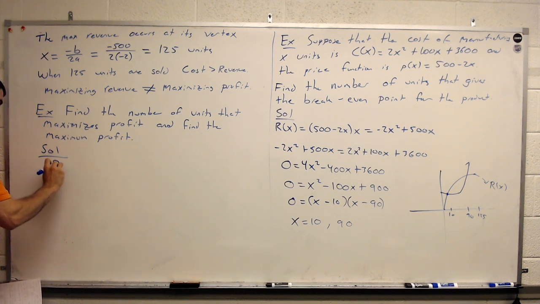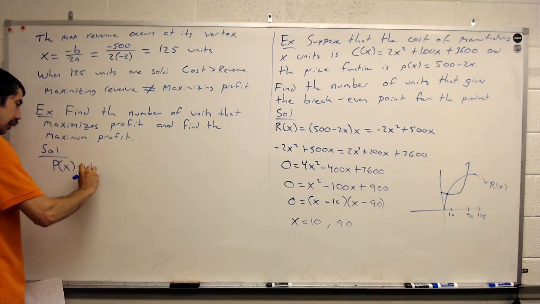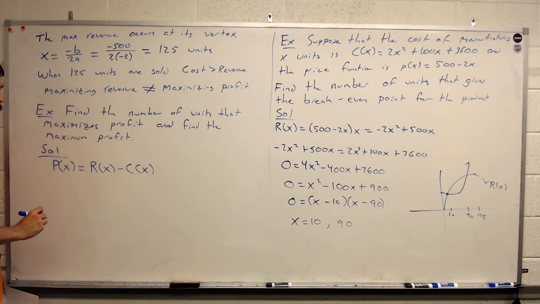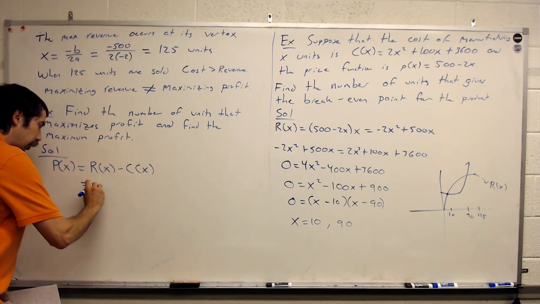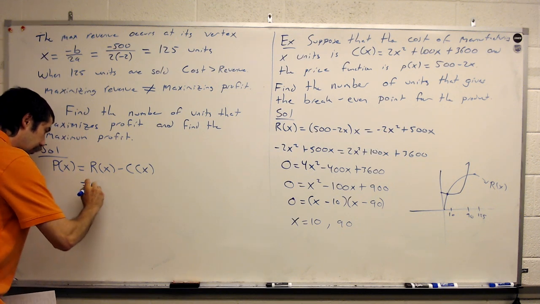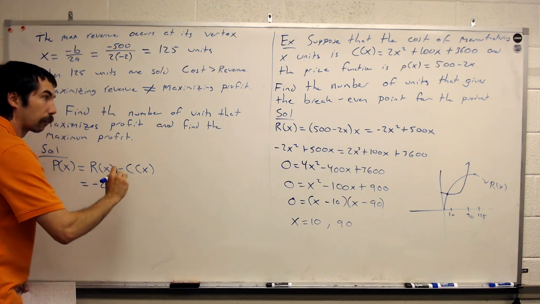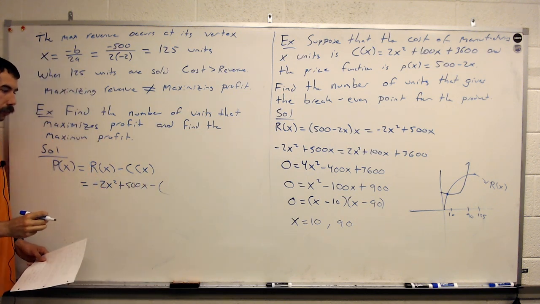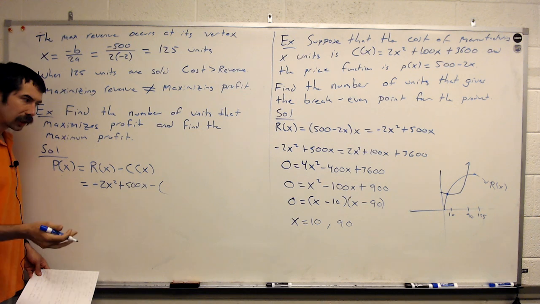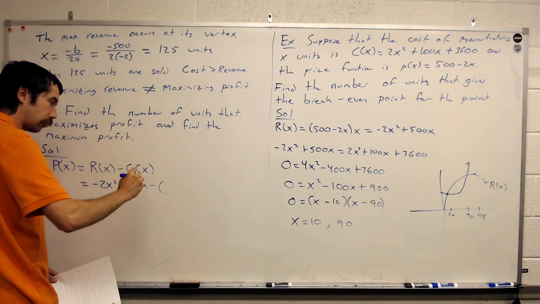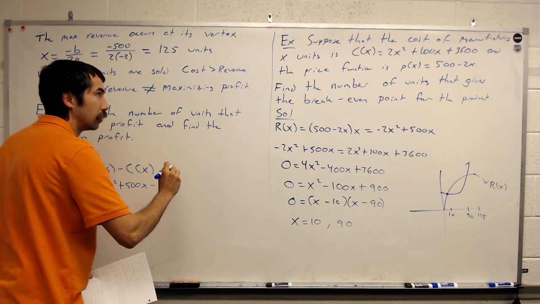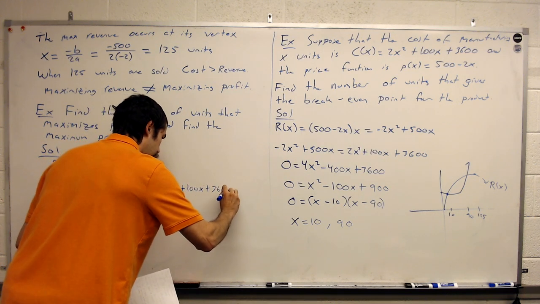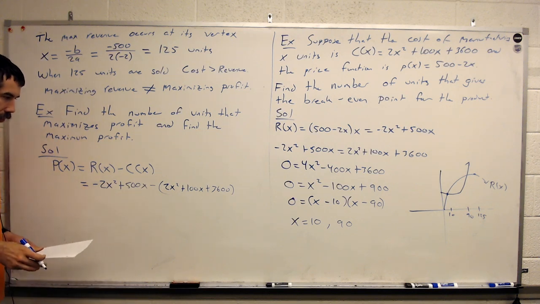All right, so remember, our profit function is our revenue function minus our cost function. Our revenue function is negative 2x squared plus 500x. And our cost function was given to us, 2x squared plus 100x plus 3,600.